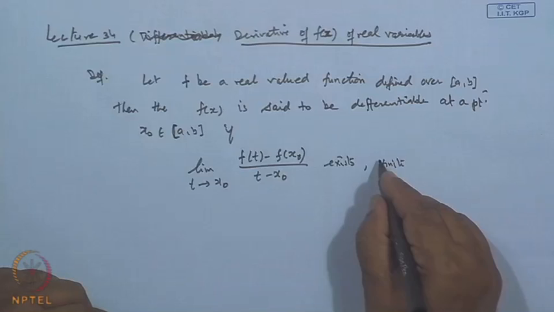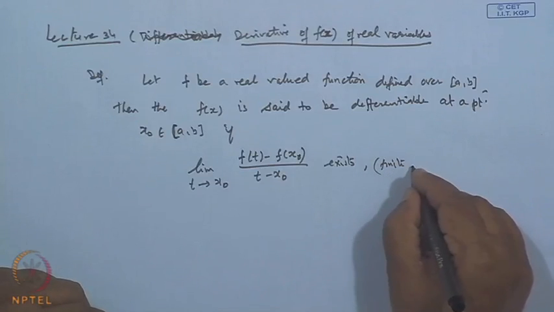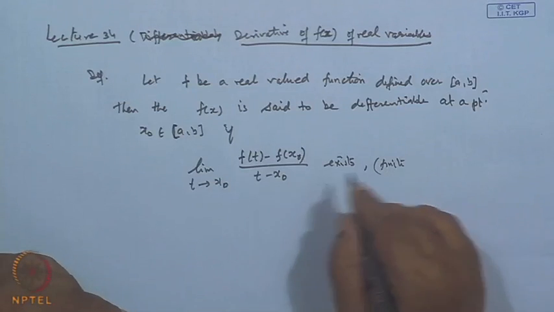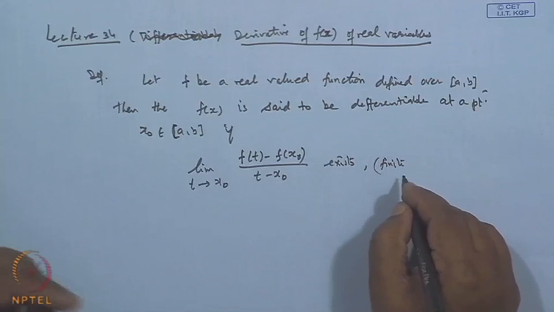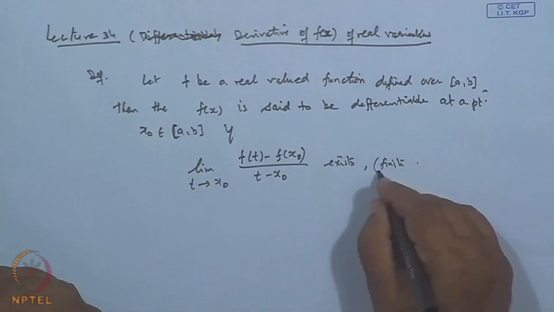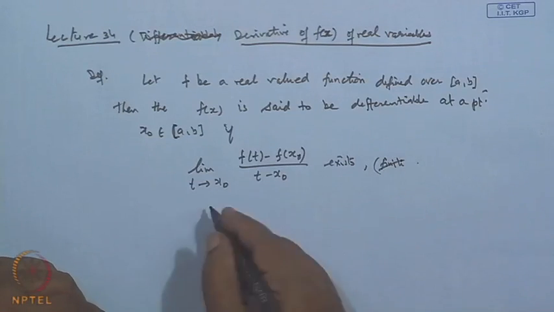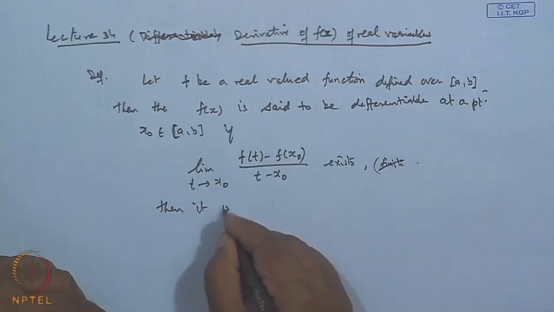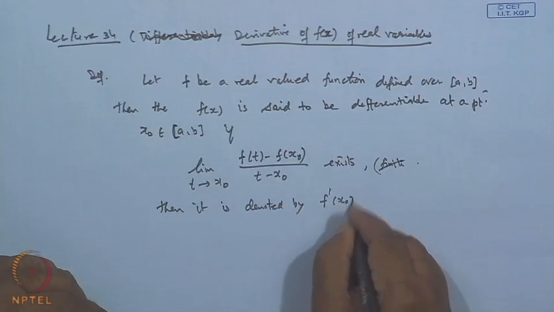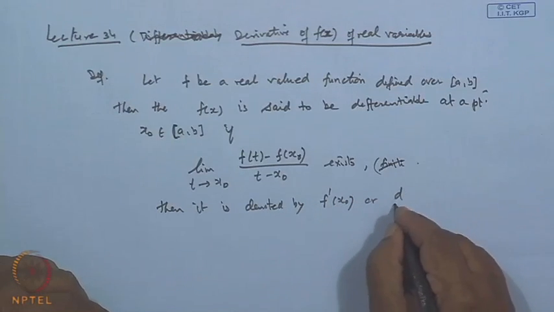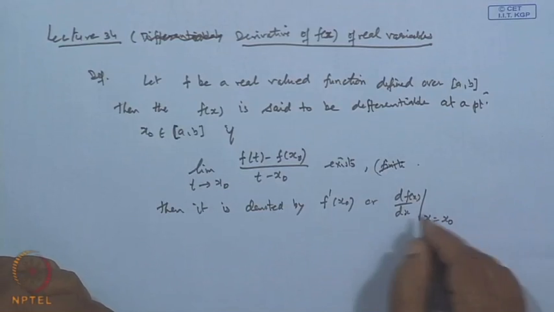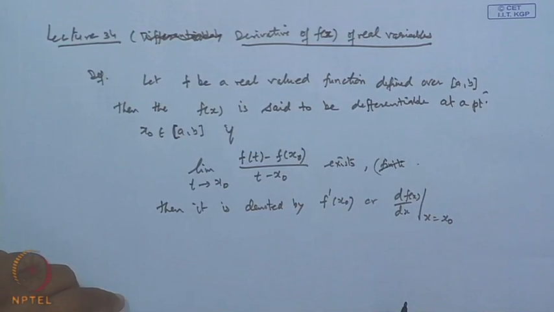In case it is infinite, we can discuss the case of infinity later on. If it exists, then it is denoted by f prime of x naught, or we also write d over dx of f(x) at the point x equal to x naught. That is also a notation for the derivative at this point.